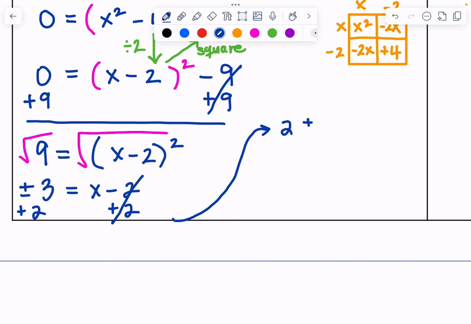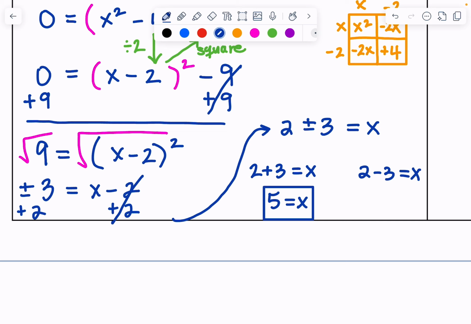I get 2 plus or minus 3 is equal to x. And we're going to have two solutions here. We're going to have 2 plus 3 equals x, and 2 minus 3 equals x. And so my two solutions are 5 equals x and -1 equals x. And we can see that we got the same answers that we did with factoring and graphing.